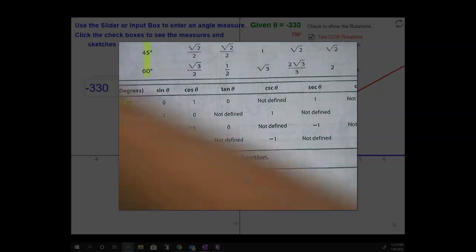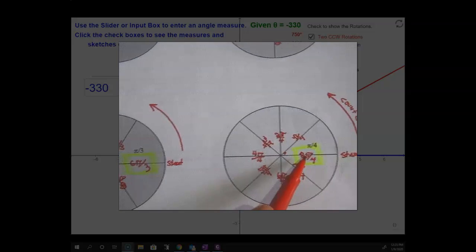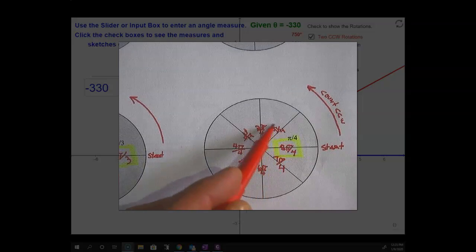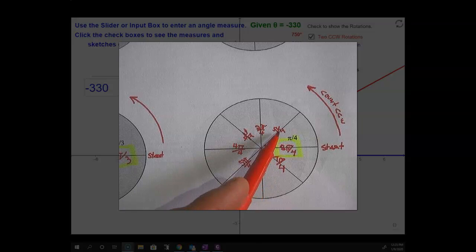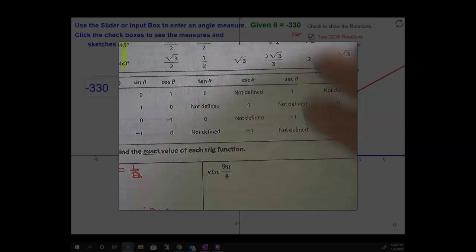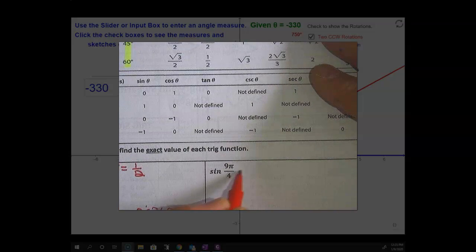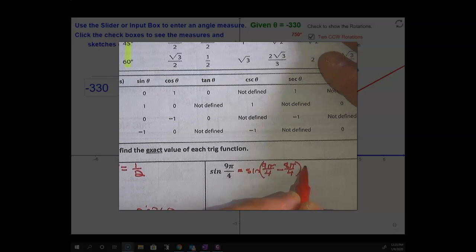Okay, so pi over 4, that's 8 pi over 4, one more, 9 pi over 4. Okay, so this is the same as the sine of 9 pi over 4, take away 8 pi over 4, which is the sine of pi over 4.